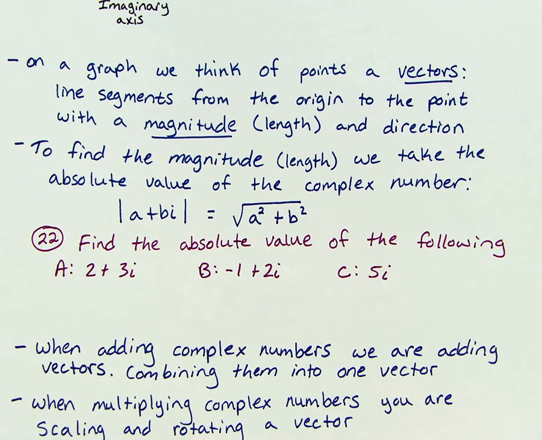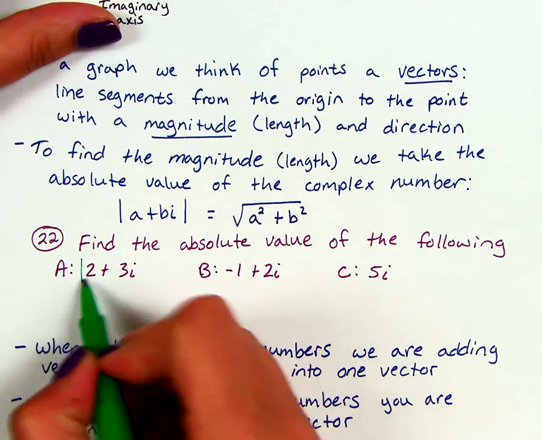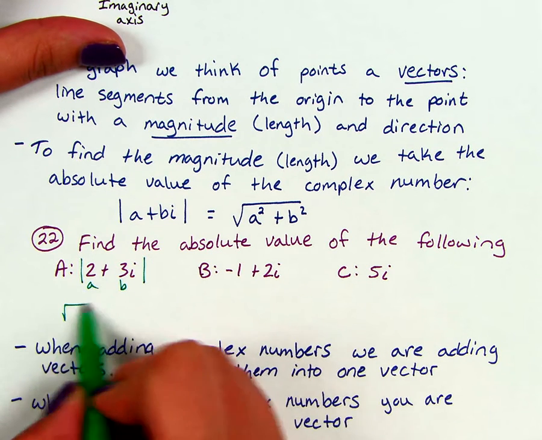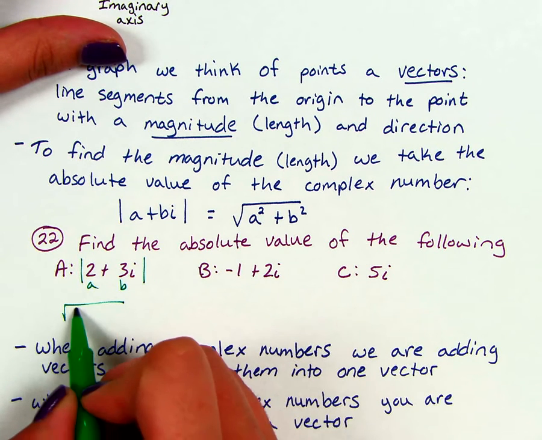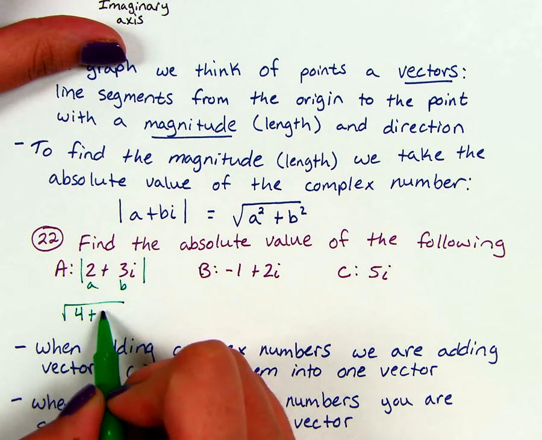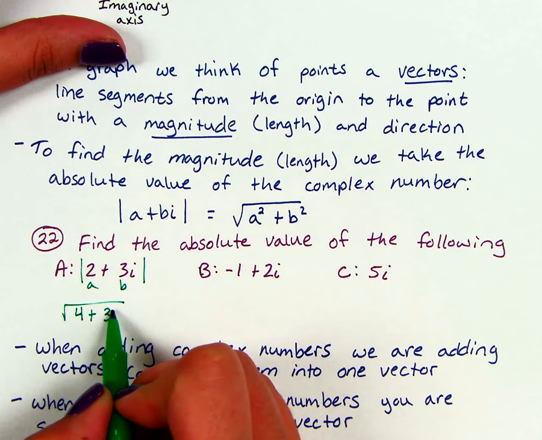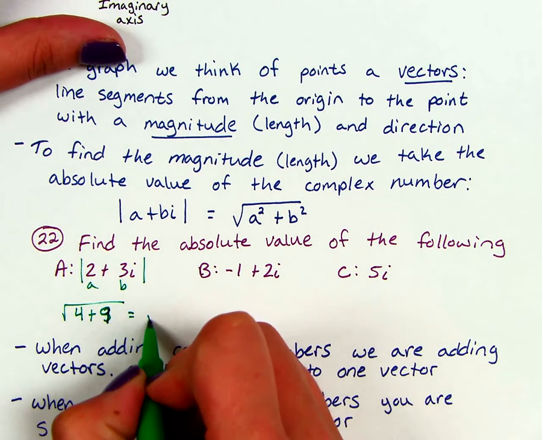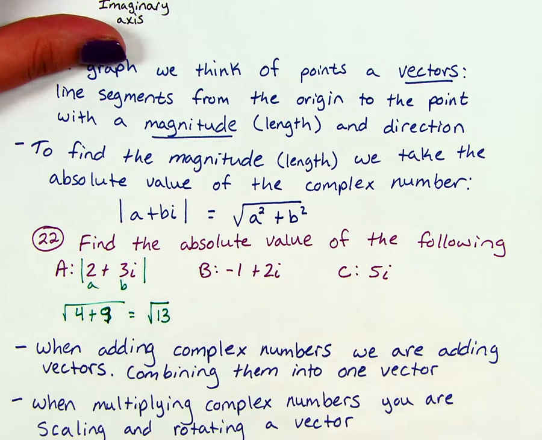So if we're going to find the absolute value of this, again, this is our a, this is our b. We're taking the square root of a squared, so 4, plus 3 squared. So that would be 9 if we simplify right away. So that's going to be the square root of 13.